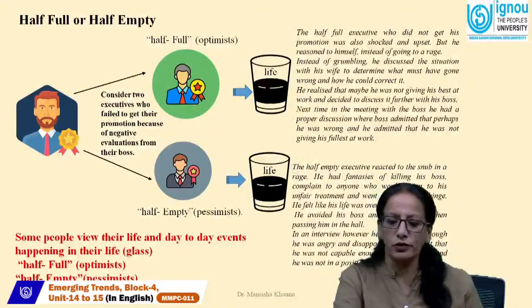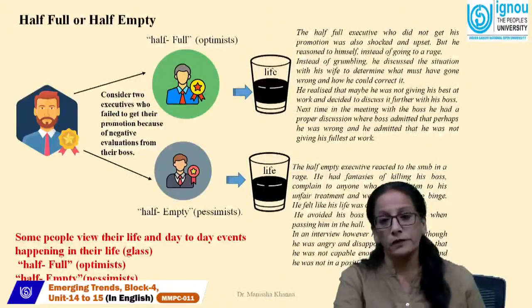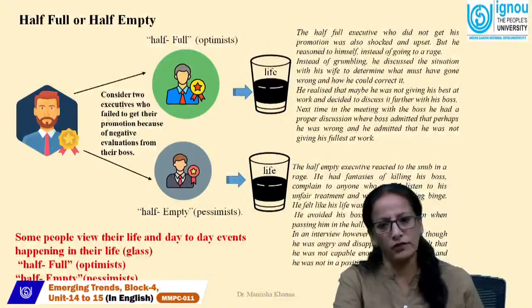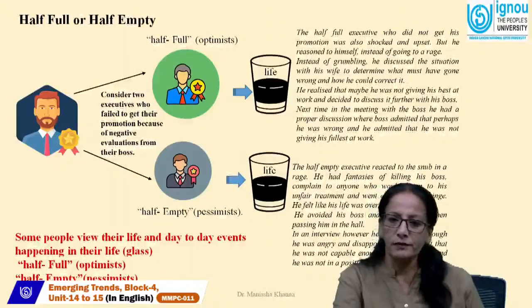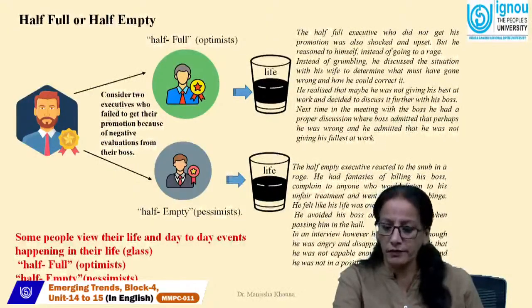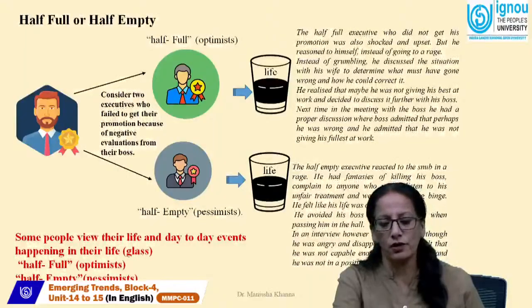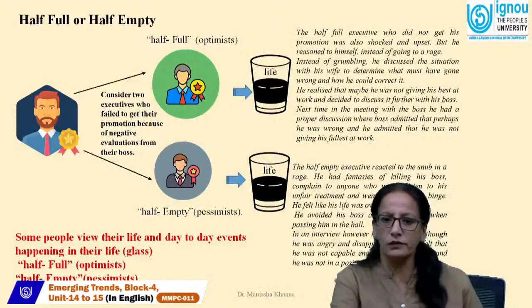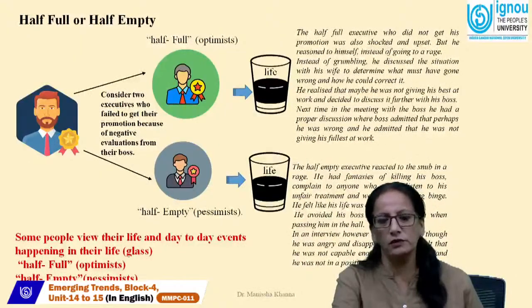He diagnosed that he was not giving his best at work, which was required, and decided to discuss it further with his boss. In the next meeting with the boss, he had a proper discussion, and the boss admitted that perhaps he was wrong, and he admitted that he was not giving his fullest at work. So this person is optimistic in behavior and in nature.